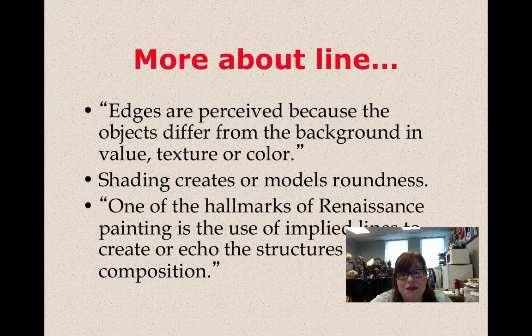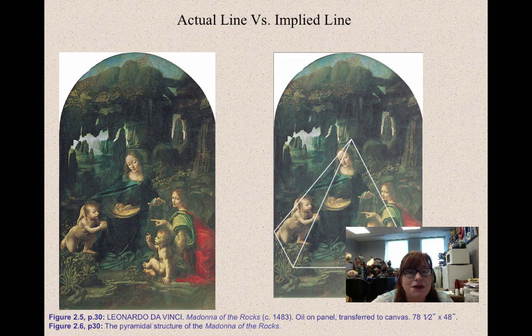And one of the hallmarks of Renaissance painting is the use of implied lines to create or echo the structures of the composition. So here we're going to look at a different way of using an implied line, and here it really is all about how the artist creates the composition. So this is Leonardo da Vinci's The Madonna of the Rocks. If you saw the Da Vinci Code, you saw this in that film.